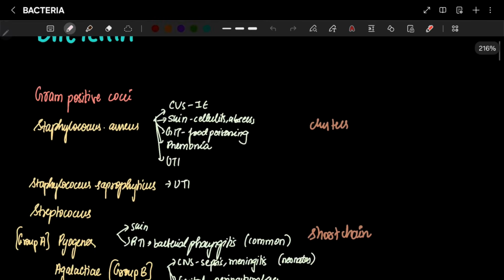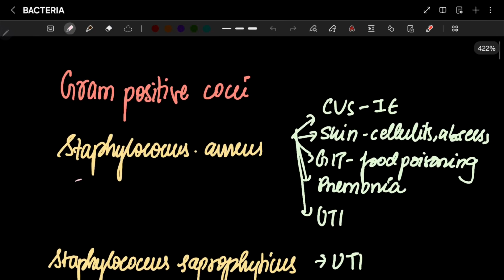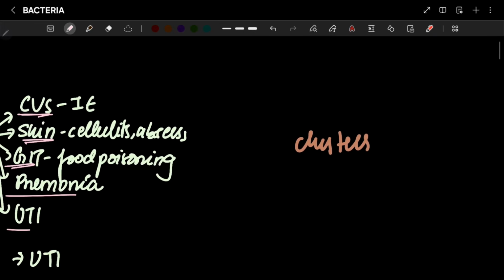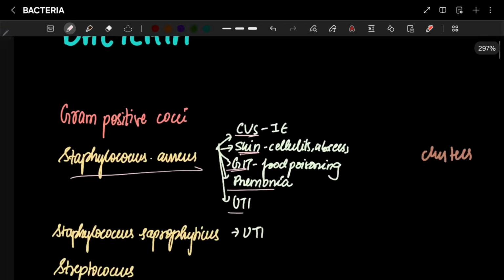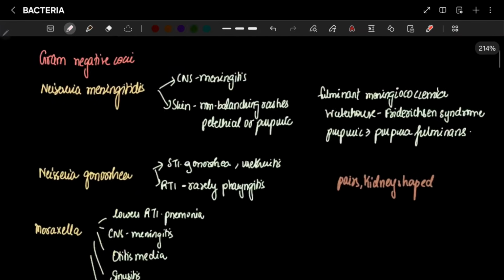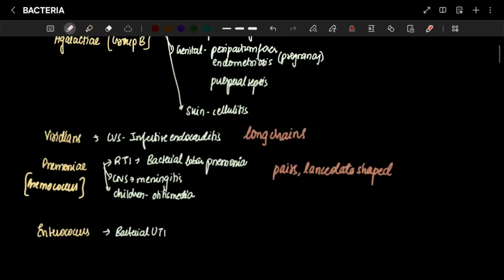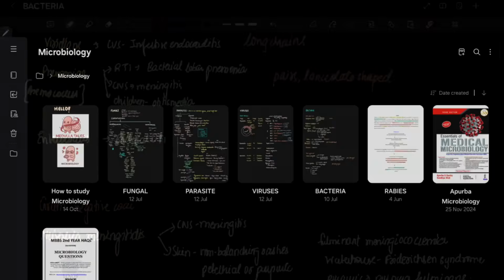I have personally made my notes based on this. Let's say Staphylococcus aureus. It is present in cardiovascular system, in skin, in GIT, it causes pneumonia, it causes urinary tract infection, and like that I have listed out all the organisms with what they cause. So this will help you at the end of the year to revise.